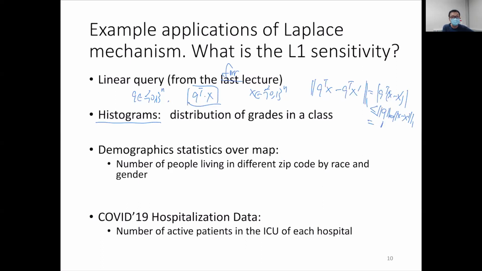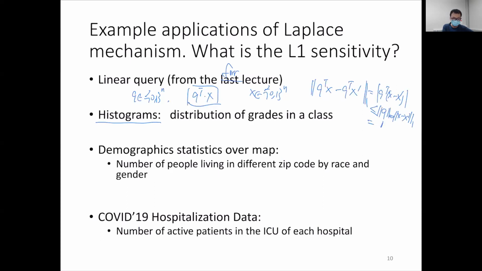So what is the sensitivity for this query? Consider that you add or remove any individual student who enrolled in this class. The output can only change in one of those bins, because one person cannot simultaneously be within the 0 to 60% zone and in the 80 to 90% zone.